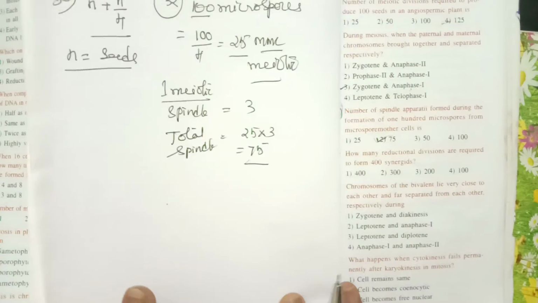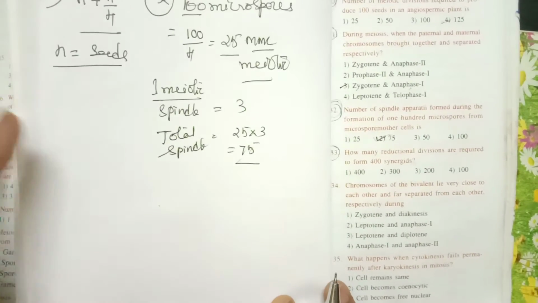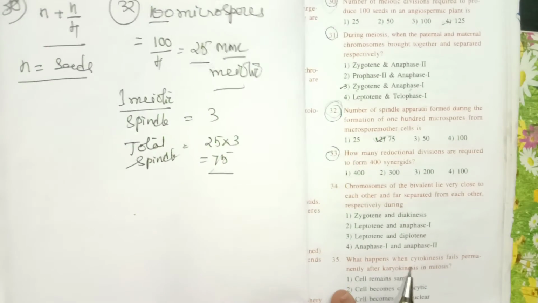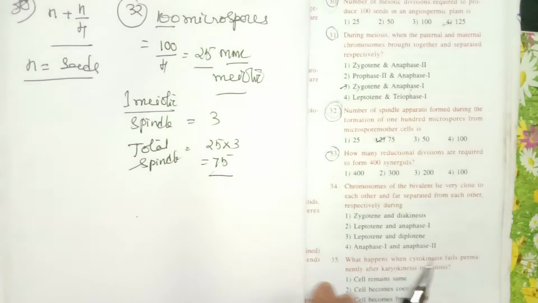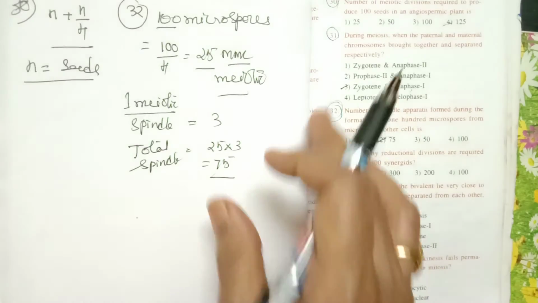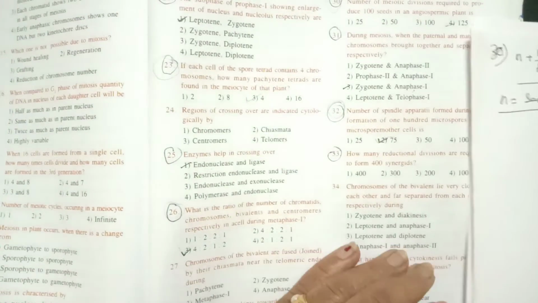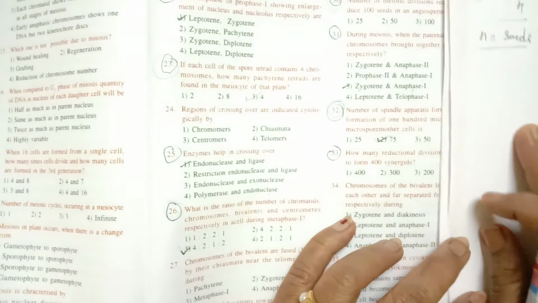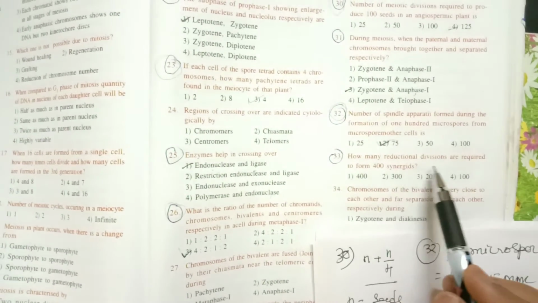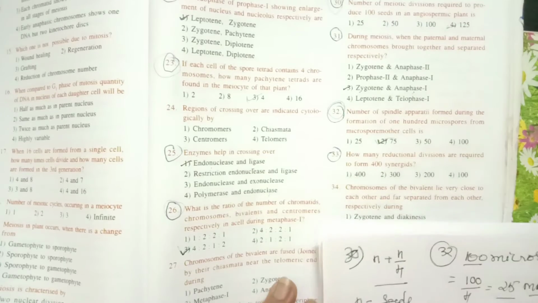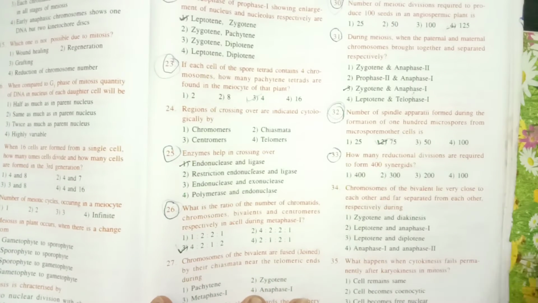This again I am going to discuss in detail in the chapter on sexual reproduction, but here I am going to explain only what is required for the question. I'll read once again: how many reductional divisions are required for formation of 400 synergids?